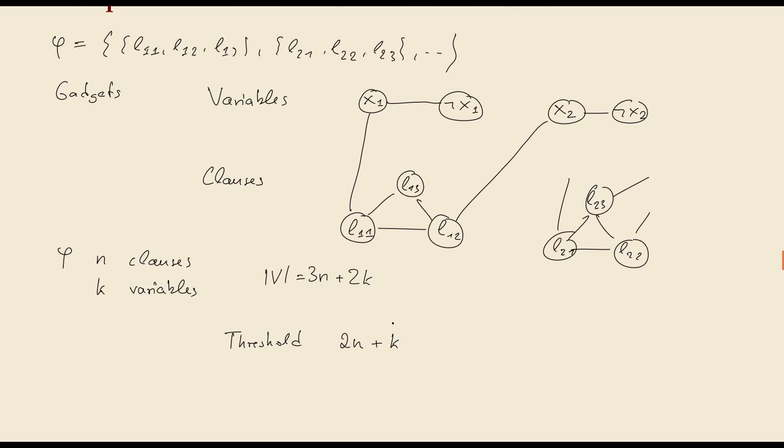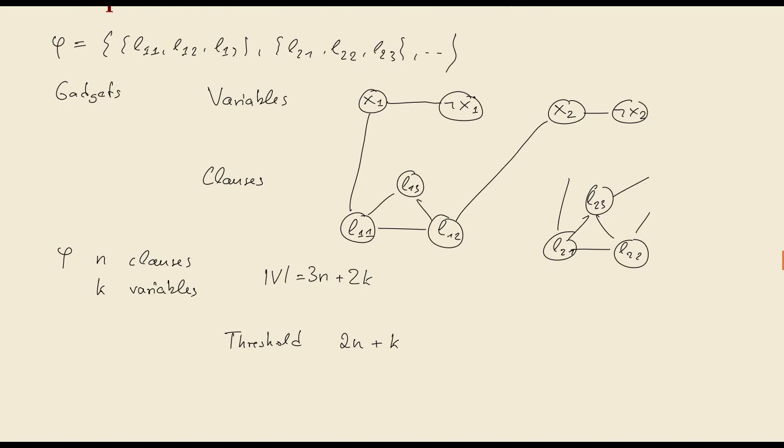And in fact, any vertex cover of this size has to pick exactly 1 of the vertices from each variable gadget and 2 of the vertices from each clause gadget. Because this is so tight, we have to pick 2 of these and 1 from these.